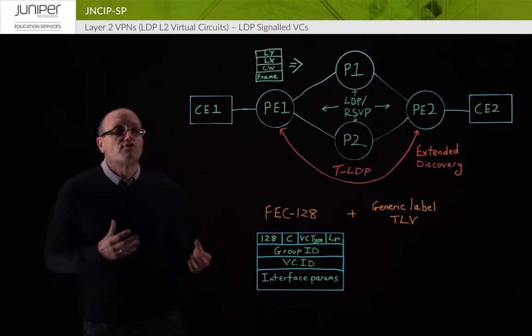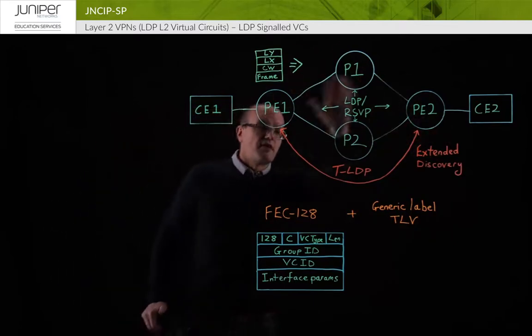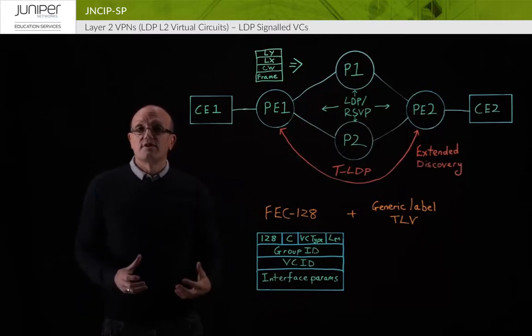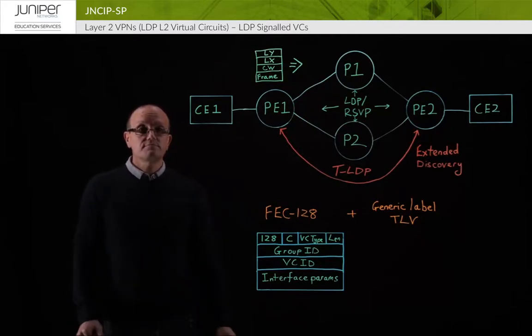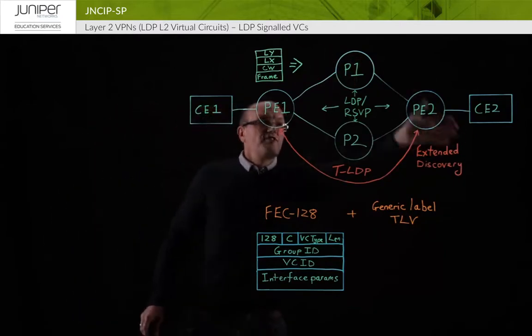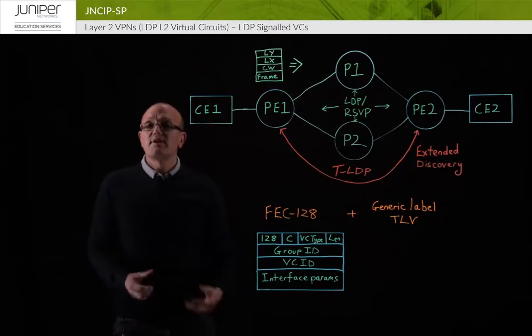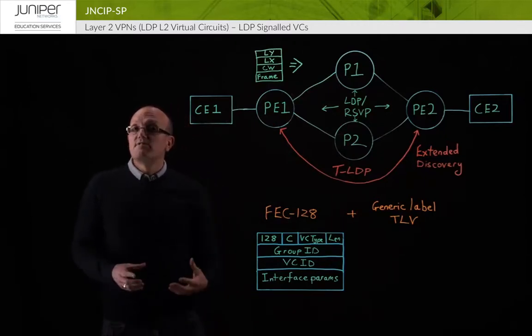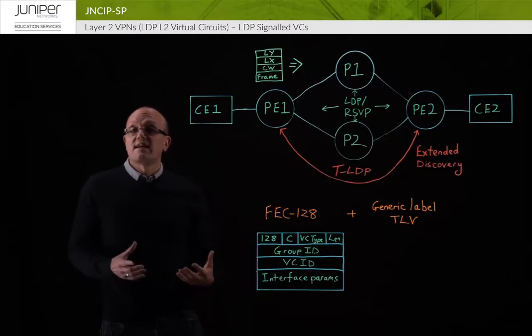So let's have a walk through a very simplified diagram that illustrates how we signal this information using LDP. Again, we have our common service provider network, and we're using the same terminologies as we did with BGP signaled Layer 2 VPNs and Layer 3 VPNs.